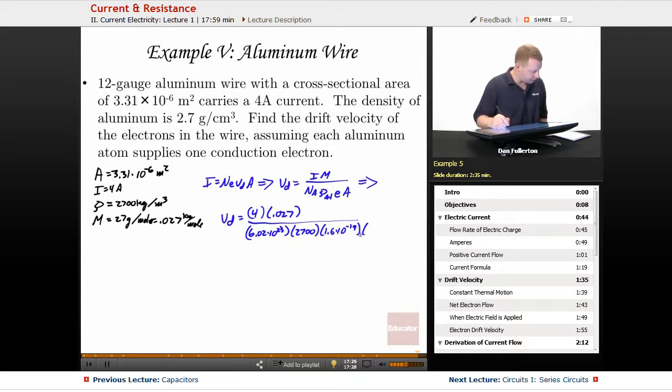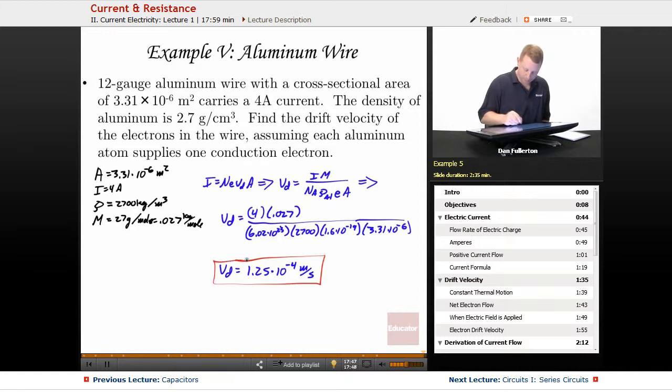And our cross-sectional area, it gives it to us here, 3.31 times 10 to the minus 6 square meters. And I come up with a drift velocity of right around 1.25 times 10 to the minus 4 meters per second.